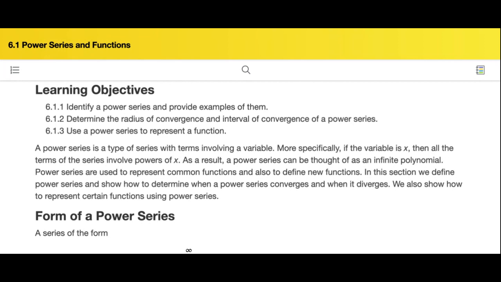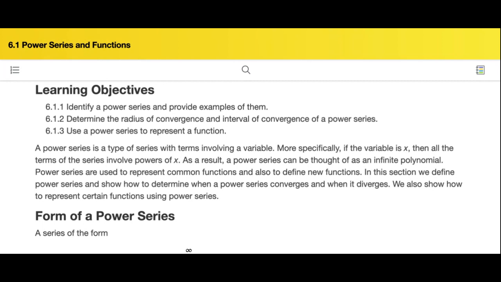All right, so we finished chapter 5 about sequence and series. So today we're going to talk about special series, power series. Power series has a very close relationship with functions.